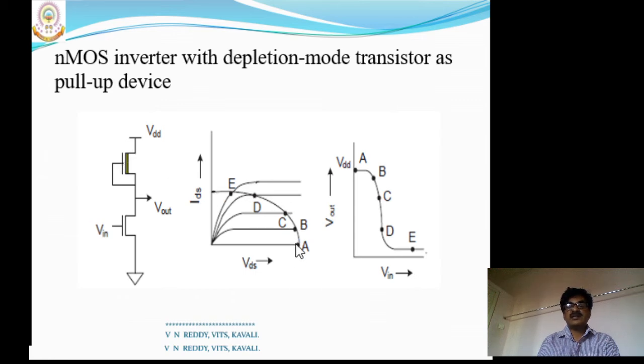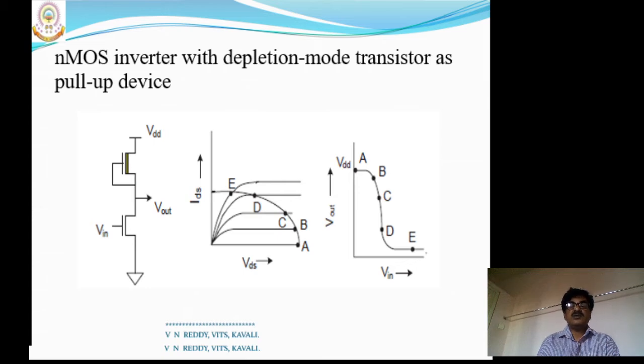That is this characteristic curve, the VGS = 0 curve of the depletion transistor overlapped on the output characteristics of the enhancement transistor at various VGS voltages. That means the pull-up transistor is almost in the on state.